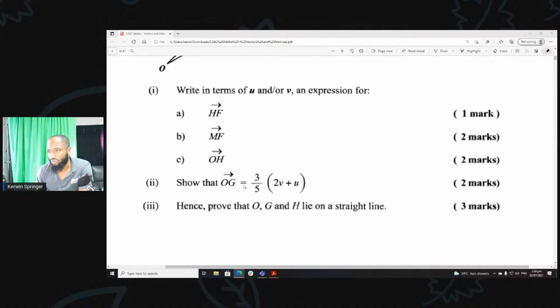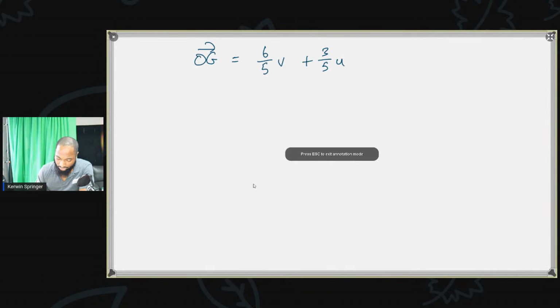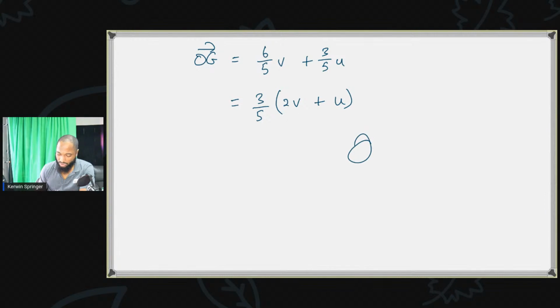Oh, they just wanted you to show that OG is 3/5 of OH. So if I take out that 3/5 here, I need to multiply this one by 2 and this one by 1. That's it. So that is QED there. QED means you proved the thing. That was a little rough.